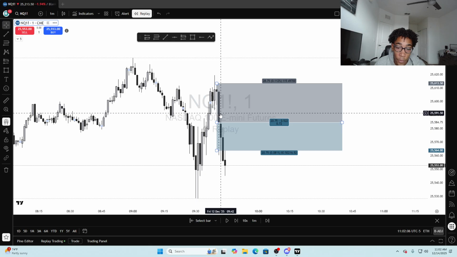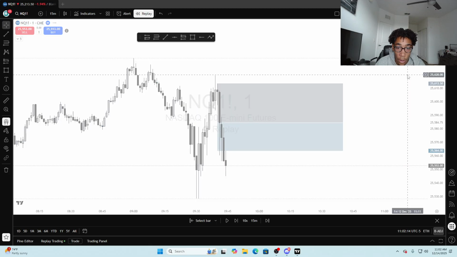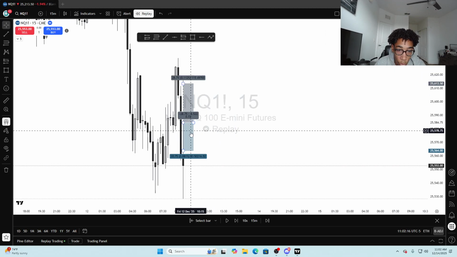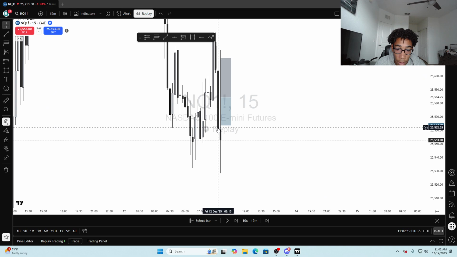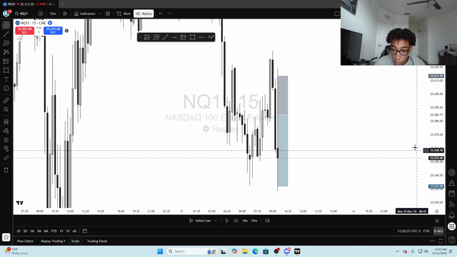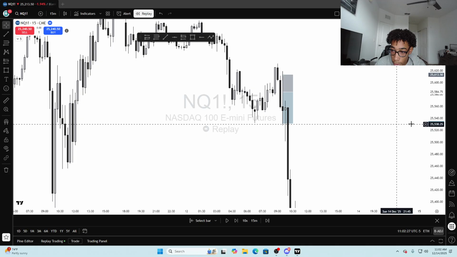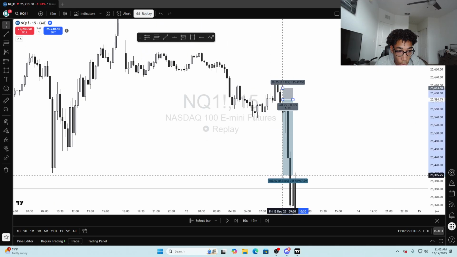But if you time it correctly, you're like, okay, I'm going to enter at 9:41. All I need is the next 3 minutes to close relatively bearish. Now we're looking at a strong rejection block, and that lets you know that now you should be heading lower, right?